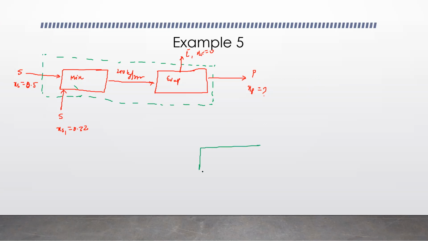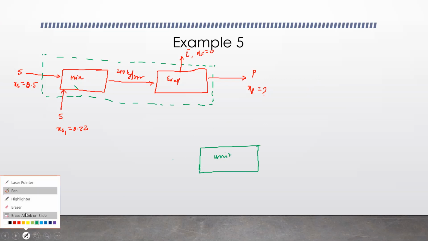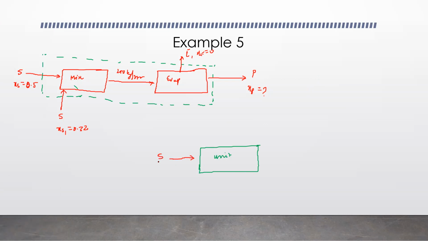But what we are going to do is we are going to first solve using the mixing unit. So when I draw the green unit, I have S with XS as 0.5, and here I'll have S with XS1 as 0.32. Here I have E with XE as 0.